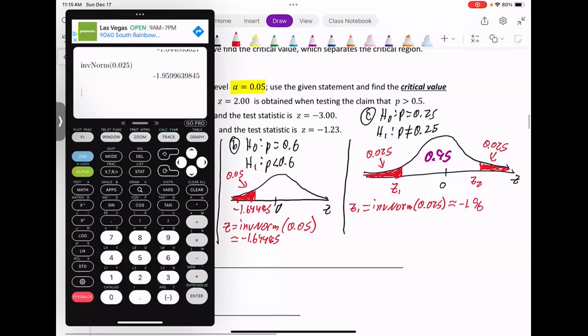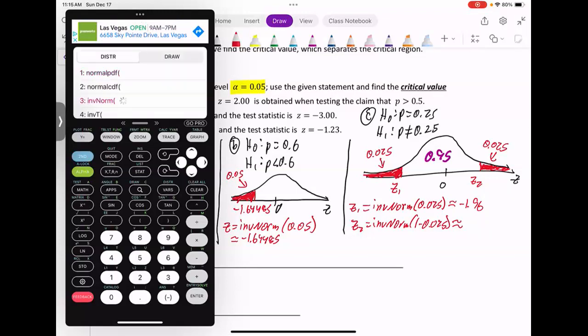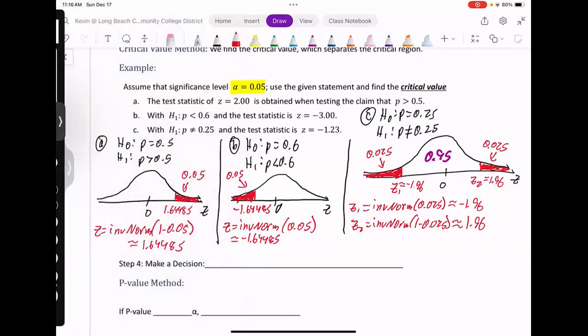Our z sub 2 is going to be inverse norm of minus 0.025. That gives us a positive 1.96. And that's how we find our critical values. We're using inverse norm. Okay, we're almost to the end of how to run a hypothesis test.